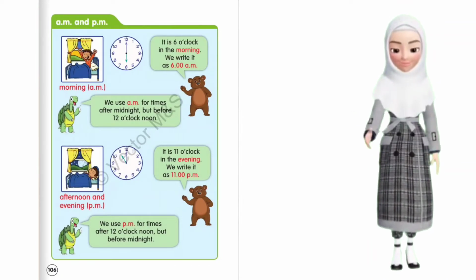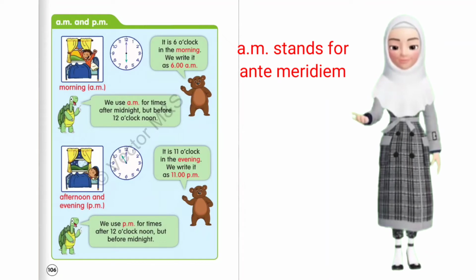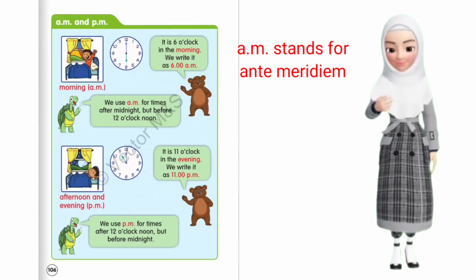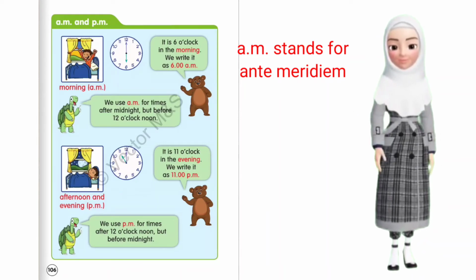AM and PM. The 12-hour clock is a time convention in which the 24 hours of the day are divided into two periods, AM and PM. AM stands for ante meridiem, translating to before midday.